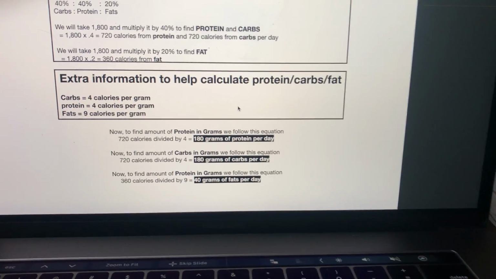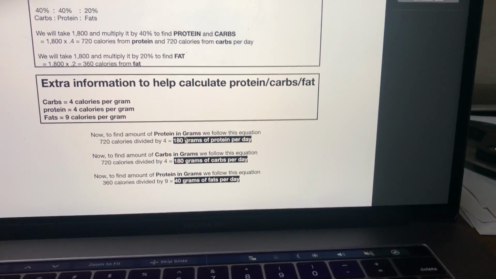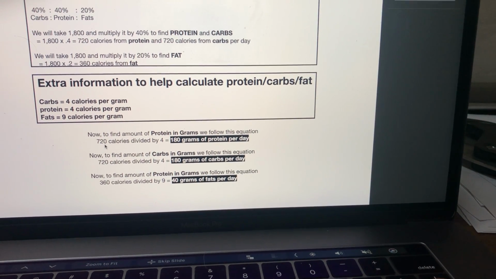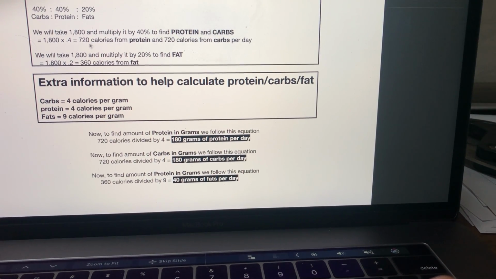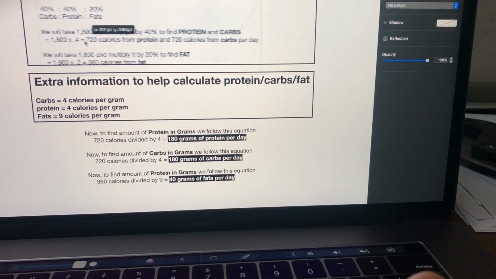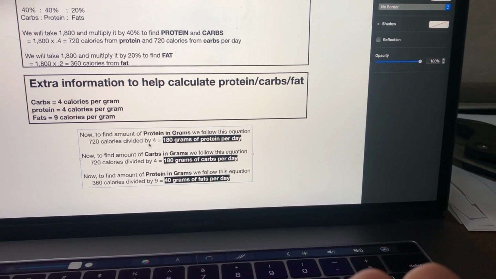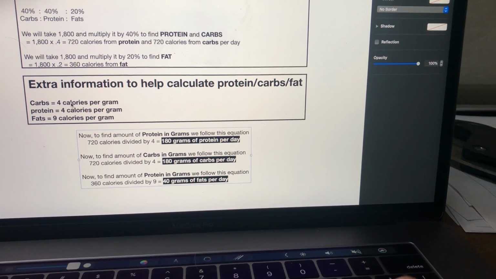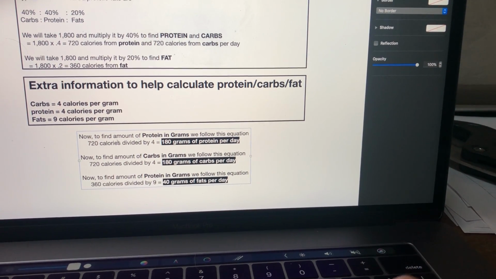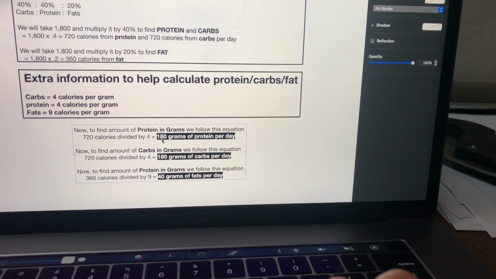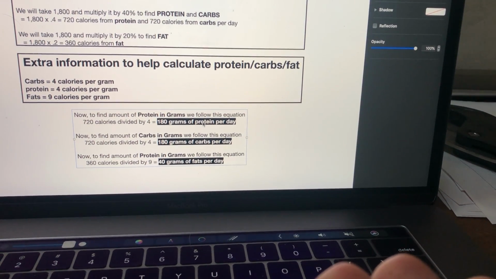So now, if we want to find the amount of protein in grams, we're going to take the 720 calories that we found up here, and divide it by 4, because it's 4 calories per gram. So 720 divided by 4 gives us 180 grams of protein per day.